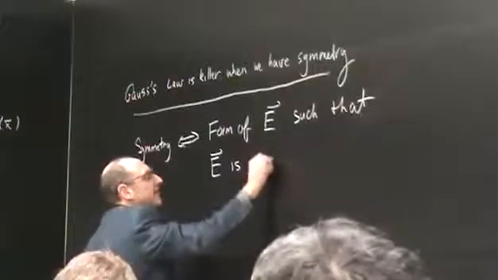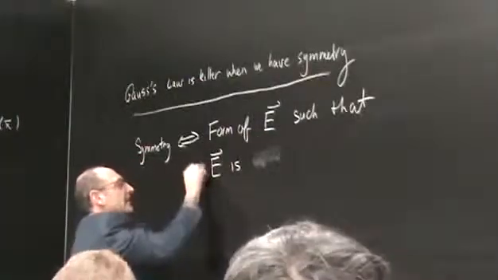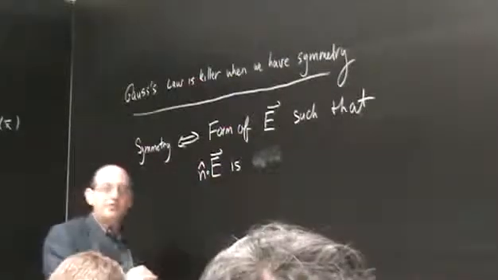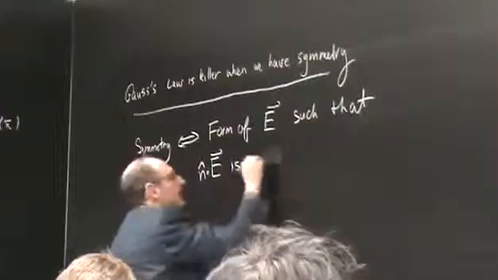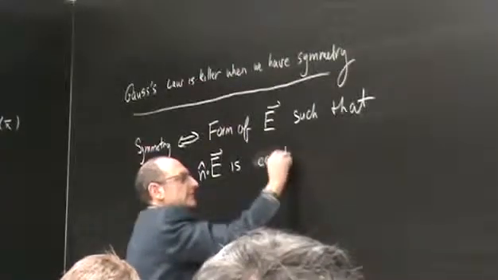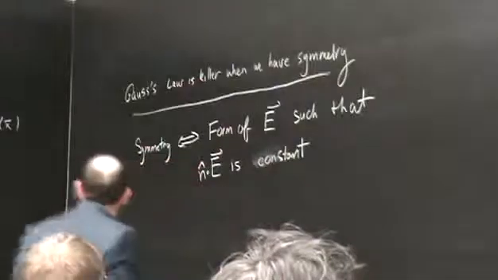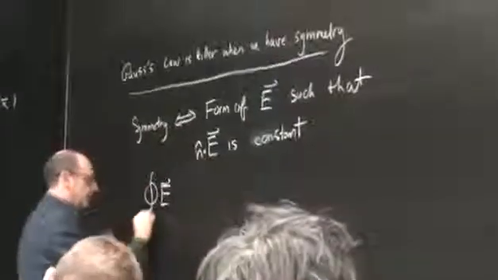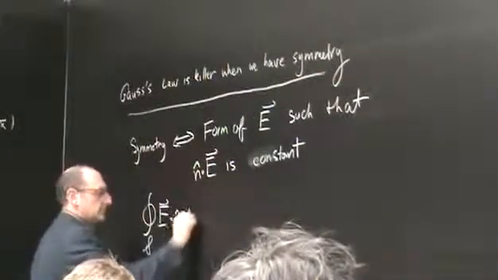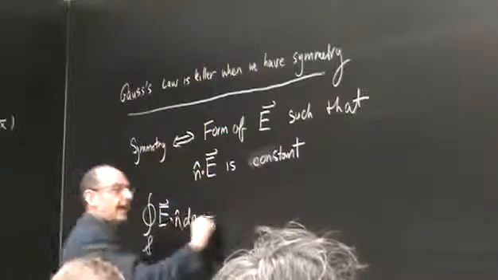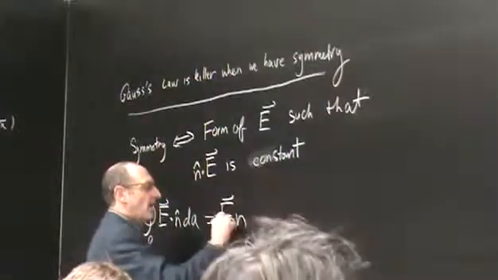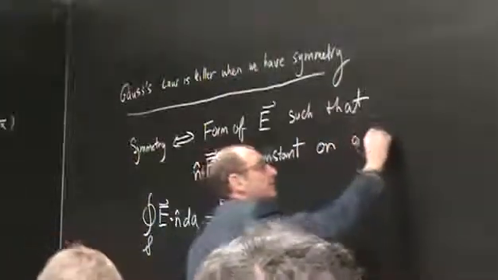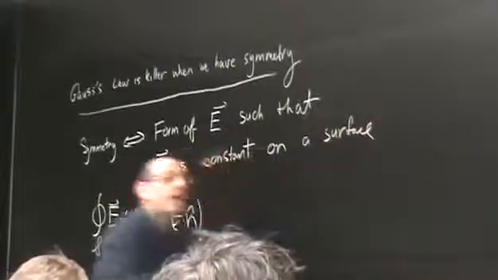E is constant, or I should say the E dot normal to the surface is constant, then the flux integral is such that I can pull this out of the integral. Excuse me, not constant everywhere, but it's constant on the surface.